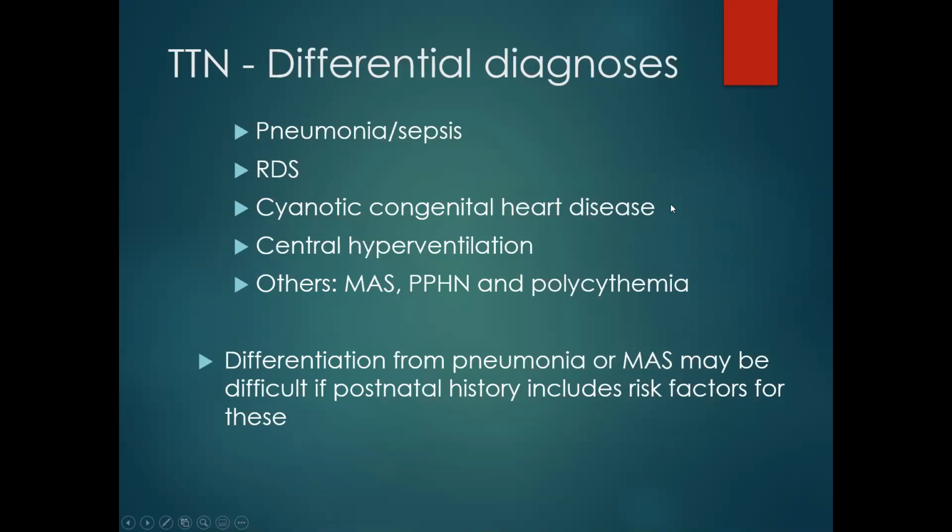Could be a cardiac lesion, although most cardiac babies don't present with this degree of severity of respiratory distress very early because the duct is still open and they may remain pink, okay? Central, I think this is hypoventilation. Sorry, this is a typo. Central hypoventilation syndrome. And others include pulmonary hypertension, meconium aspiration, or polycythemia, you know, thick blood, like in delayed cord clamping, for example, okay?